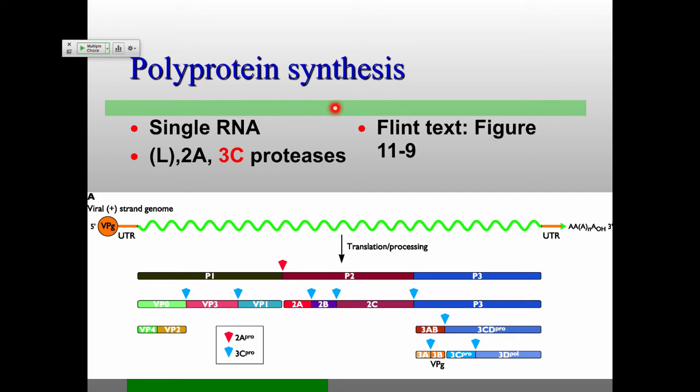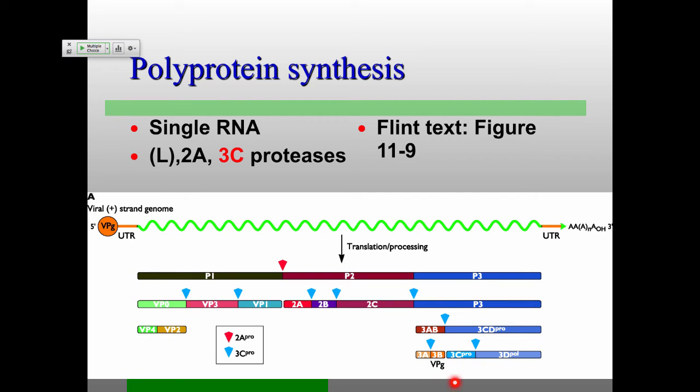And if you think about it, here is that cleavage site for the 2A protease. The 2A protease is made right here, right after that. So it's functional as part of this polyprotein. 3C is also true, and this process here, all of this cleavage activity, happens while we have a polyprotein.